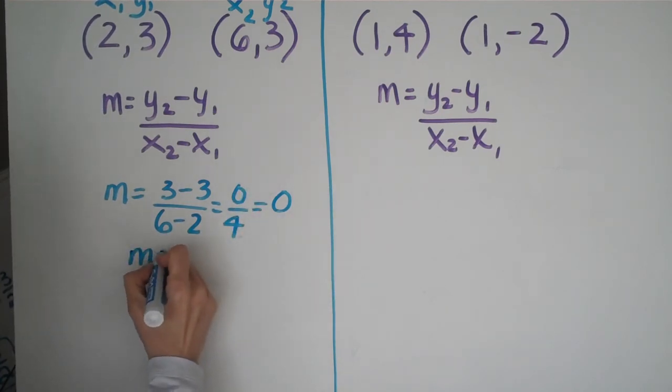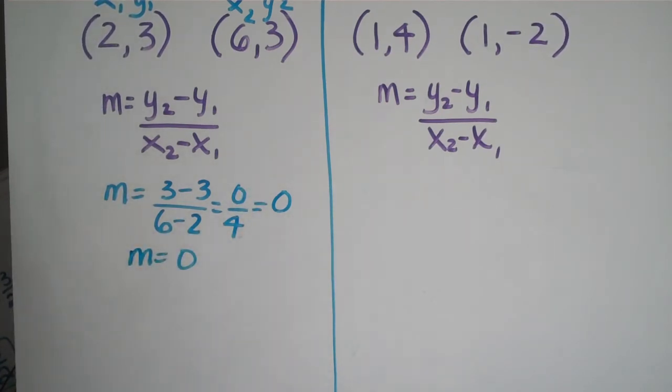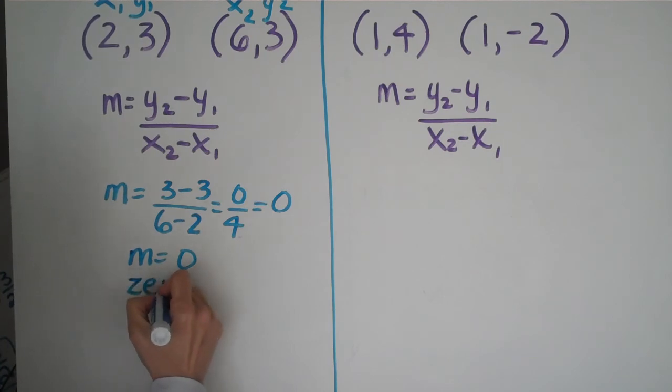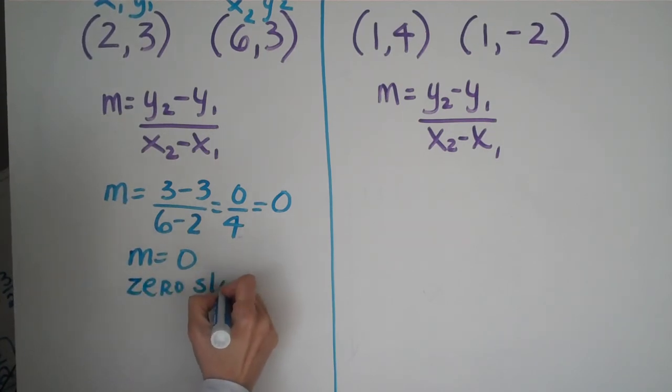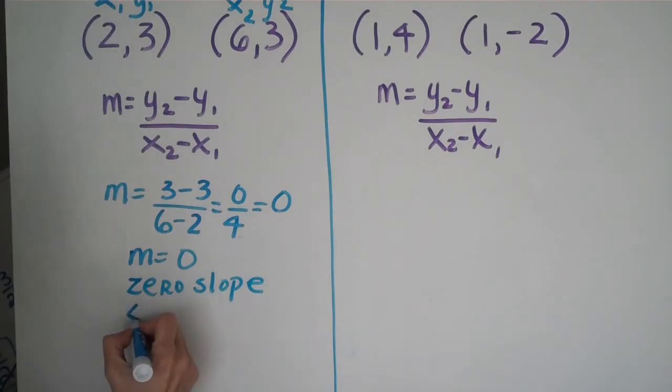So if your slope equals 0, we just simply say that's a 0 slope, right? That's a 0 slope.